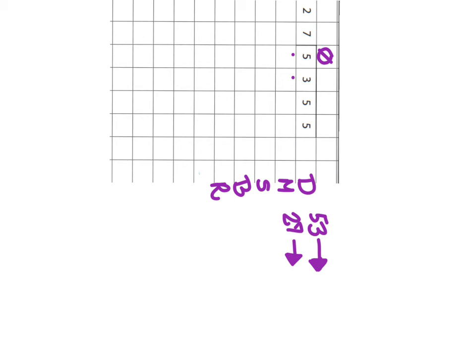So 53 would round to 50, and 27 would round to 30. Then I'm going to ask myself, how many times will 3 go into 27? And the answer is 1.